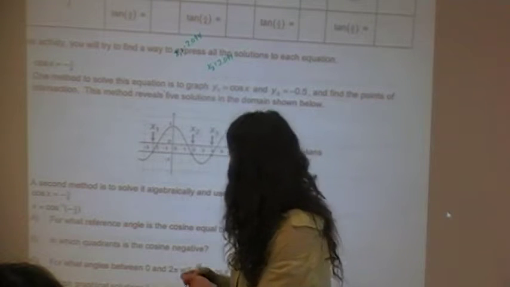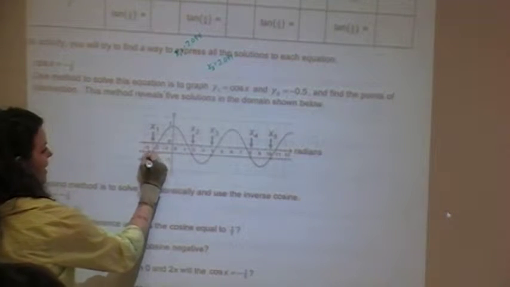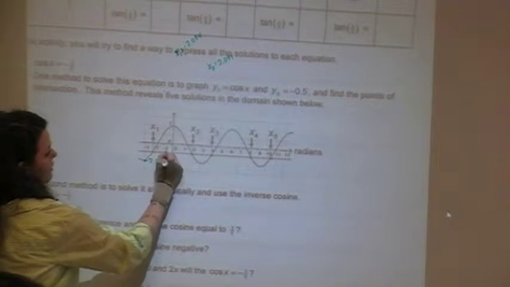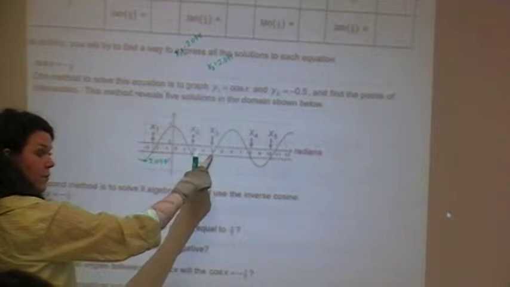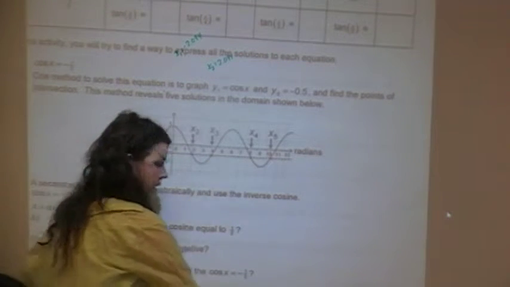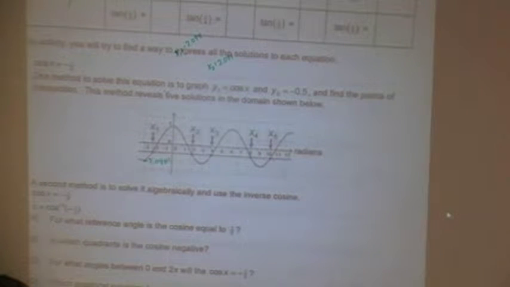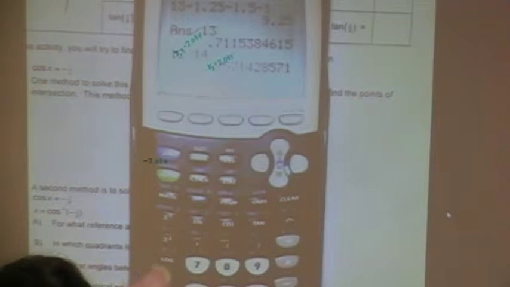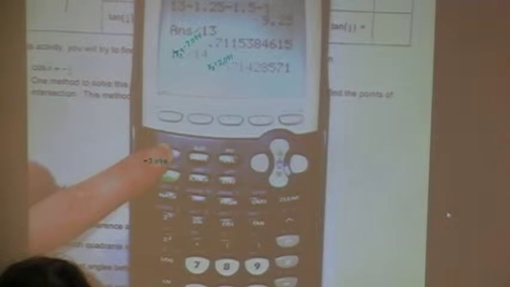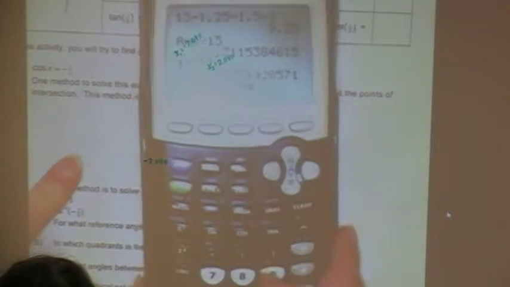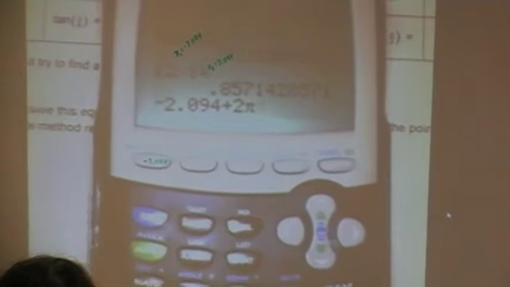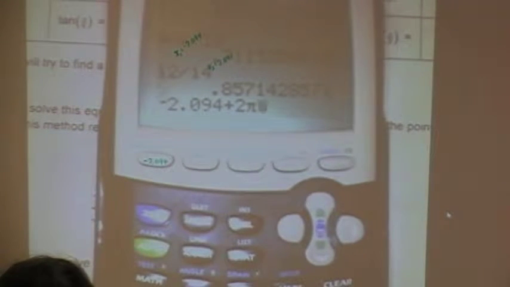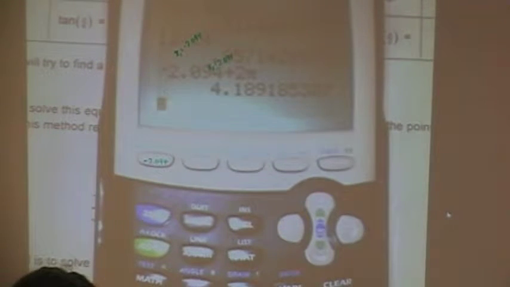So I'm going to find my next 2 points. I'm going to add 2 pi. So this is coming out of the water point, -2.094. If I want the next coming out of the water point, I'm going to add 2 pi to it. So in my calculator I put -2.094 plus 2 pi, and I get 4.189.